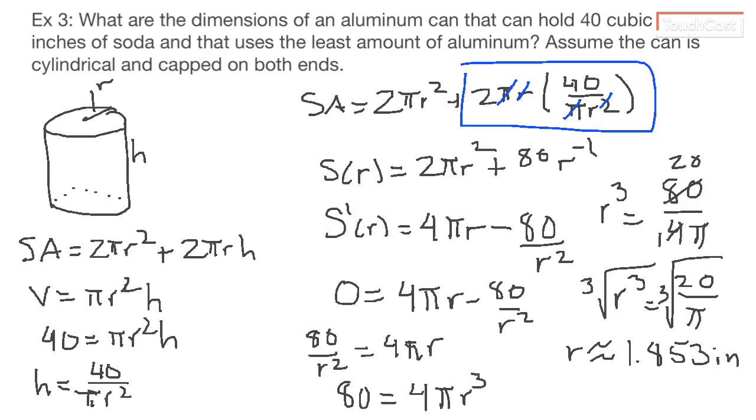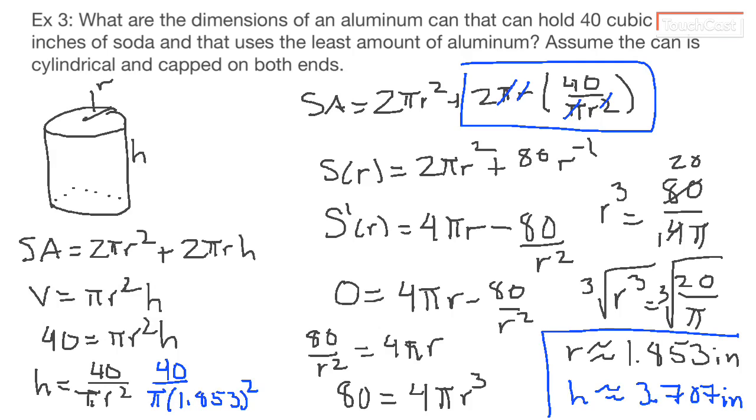So if we go 40 divided by pi times 1.853 squared, we can approximate h. In fact, we're going to just plug that into our calculator, and we're going to figure out that h is about 3.707 inches. So the dimensions of our can, we've now got our radius, which is about 1.853, and our height, which is about 3.707. We've got one more example, but it's going to be in our next video.